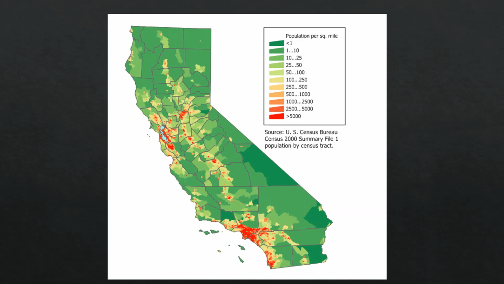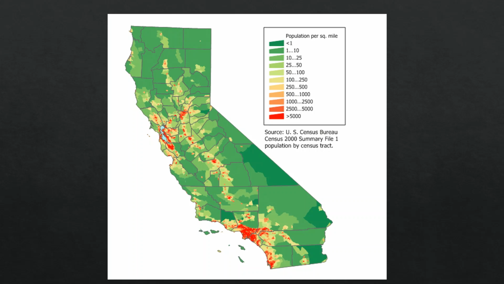And so you can see here, this is a population map. This is based on the 2000 census, but the population distribution is still about the same, right? We are concentrated population-wise in very few areas. The Bay Area, Southern California, LA in particular, and San Diego, and then we have people throughout the Central Valley where we grow an awful lot of food.